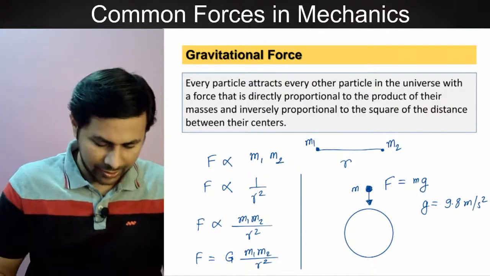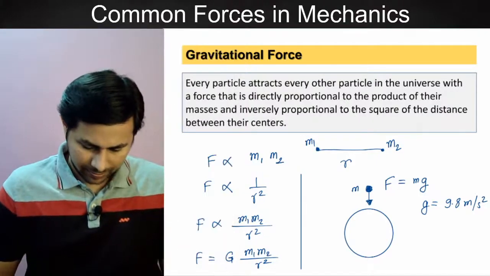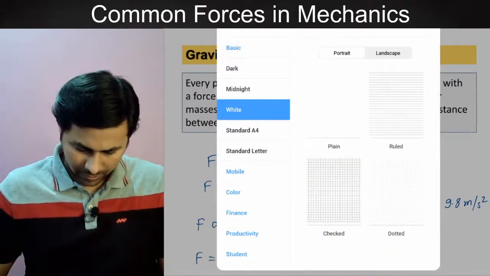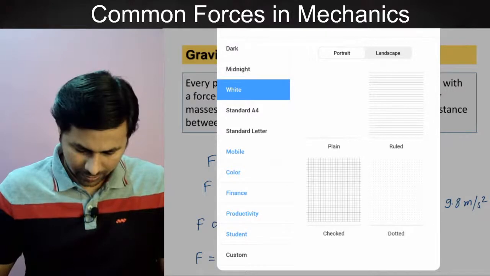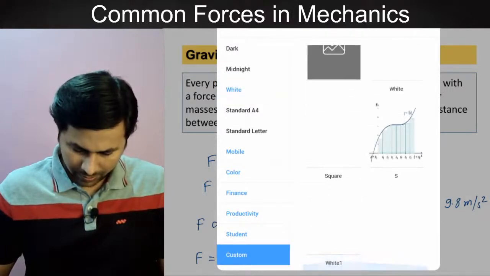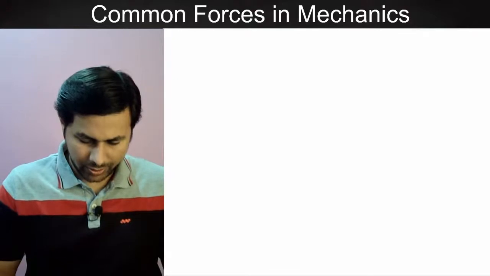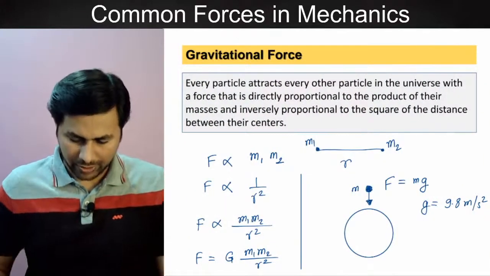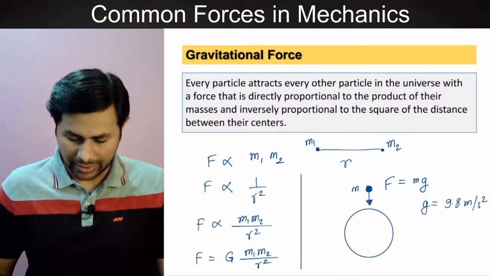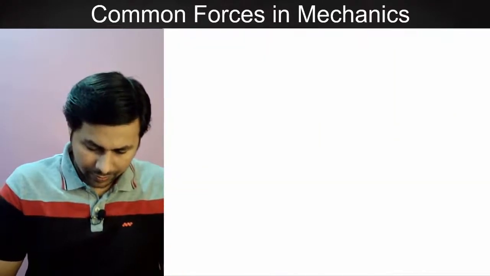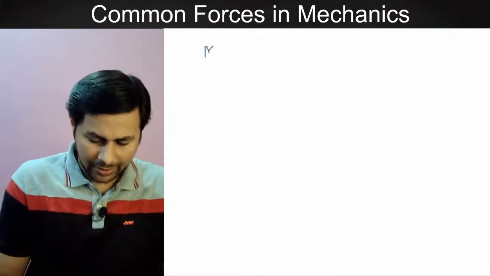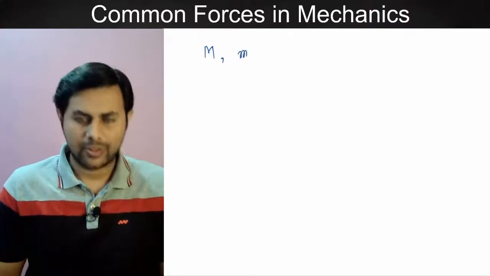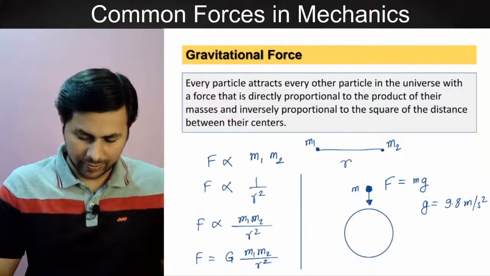Okay, let me add a page over here. So what I am saying is the gravitational force is equal to G into m1 m2 over r squared. So now suppose capital M is the mass of Earth, small m is the mass of this stone.